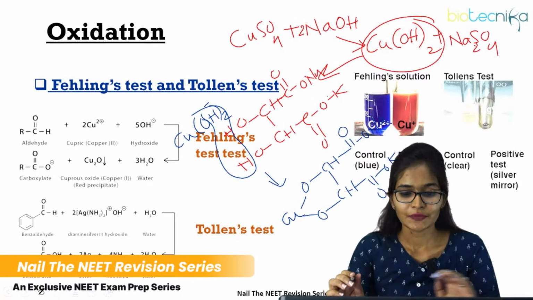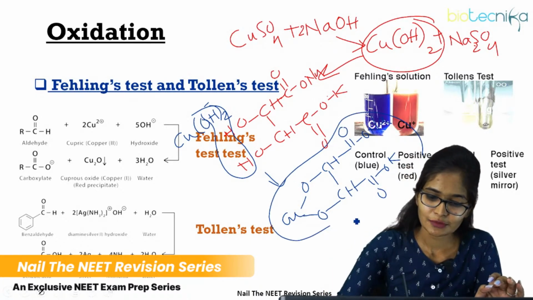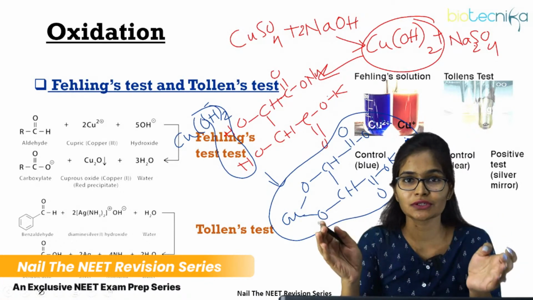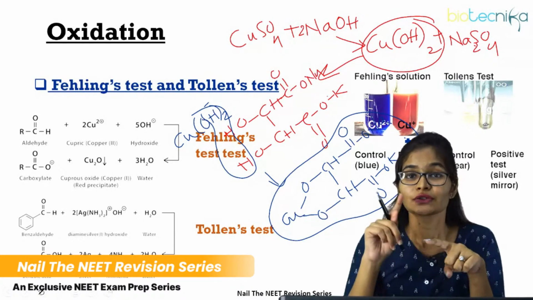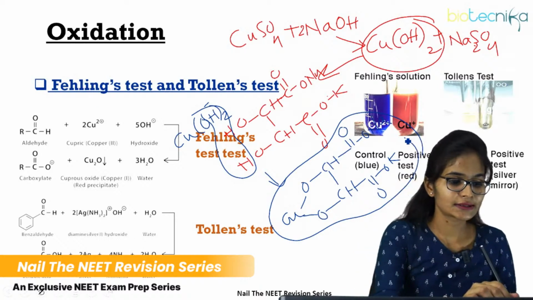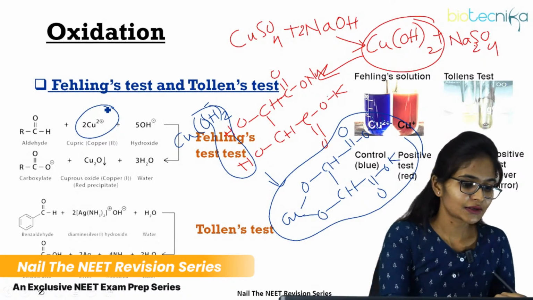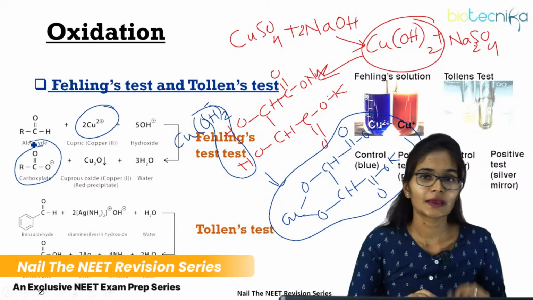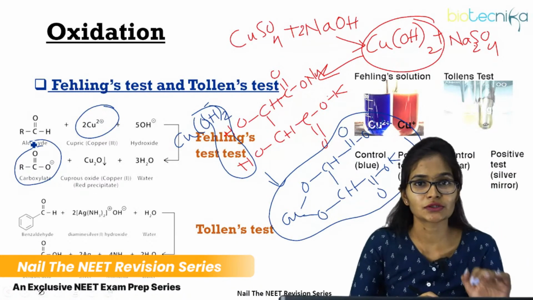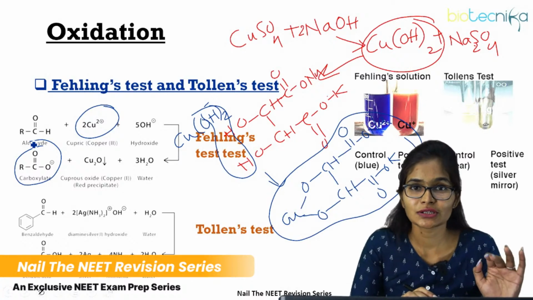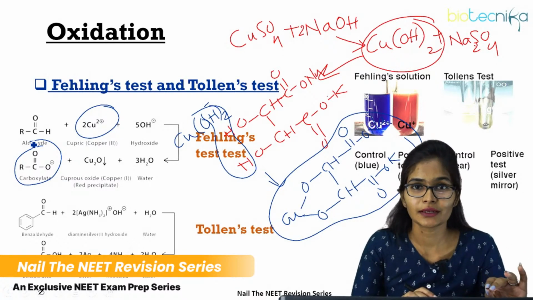Overall you get Fehling's blue solution. So first you mix Fehling's A and Fehling's B solutions and get a blue solution carrying copper 2 plus. It reacts and gives carboxylate ion as a product, indicating the presence of aldehyde in the sample. This is the oxidation reaction with respect to Fehling's test.